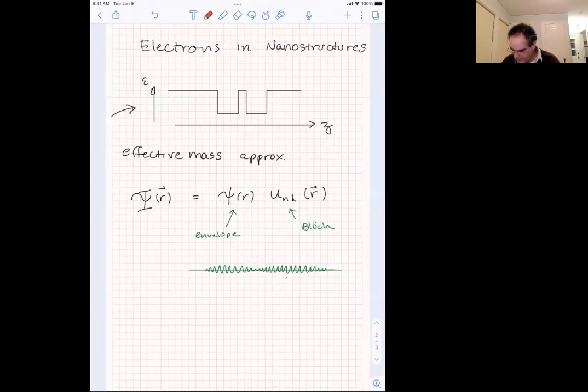On the one hand, it varies rapidly, oscillating at least once per unit cell of the crystal due to the Bloch part of the wave function. But the overall amplitude varies slowly, like the envelope. Okay? And it's the behavior of the envelope part of the wave function that we want to be able to describe.